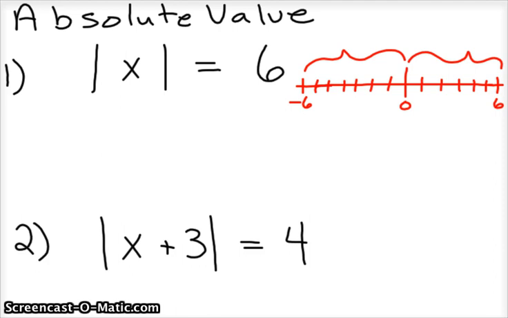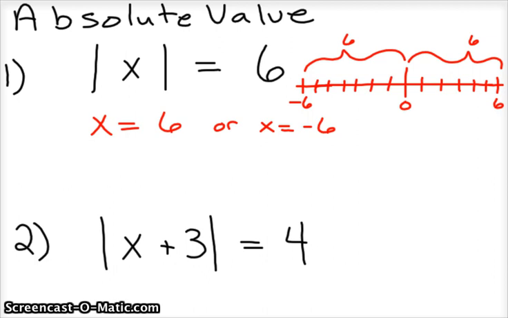And so we have a 6 here, and distance has no direction. It's a scalar quantity. And so my answer to this equation would be x is 6, or x could be negative 6. Both those numbers are 6 units away from 0. And you're pretty much done with that one.